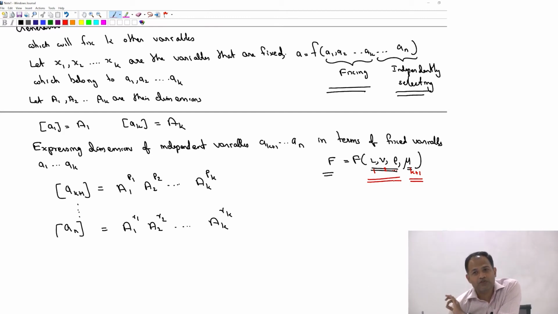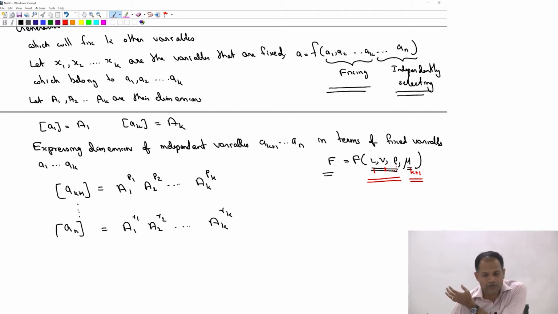The dimensions of the (k+1)th variable will be represented in terms of the dimensions of the other k variables. Because I can represent the dimension of mu in terms of dimensions of L, V and rho, I can keep doing that. I can add any other variable to this system and represent its dimension in terms of the dimensions of the first 3 variables I have chosen.